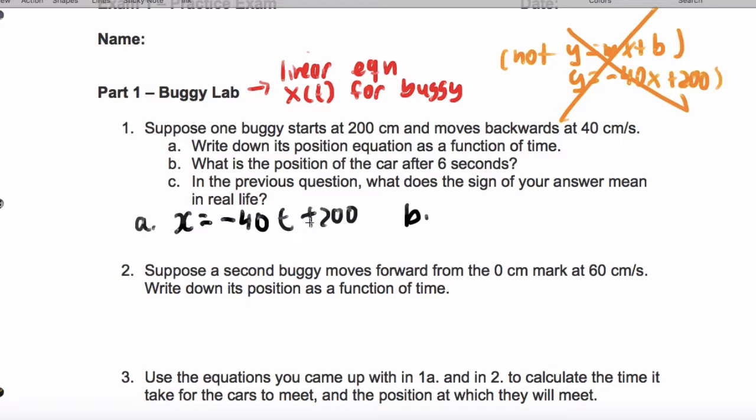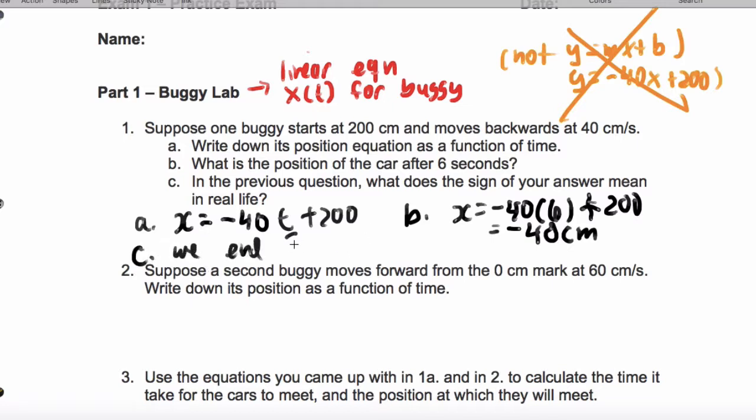The whole point of the equation in A is that you're able to just plug in 6 seconds and get an answer. In this case, that's negative 40 centimeters. And in part C, the sign of the answer in B means we end up 40 centimeters behind our ruler.